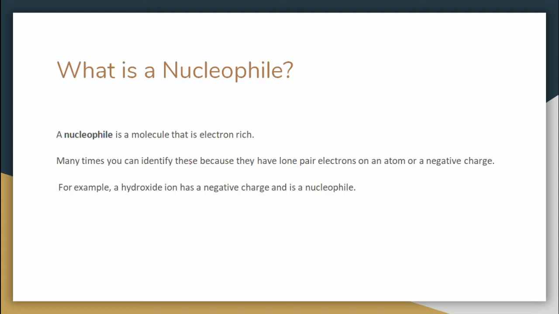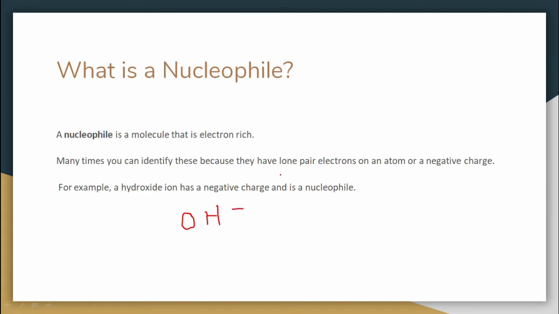Many times you can identify this because they have a lone pair just like this. For example, a hydroxide ion has a negative charge and is a nucleophile. Hydroxide ion.